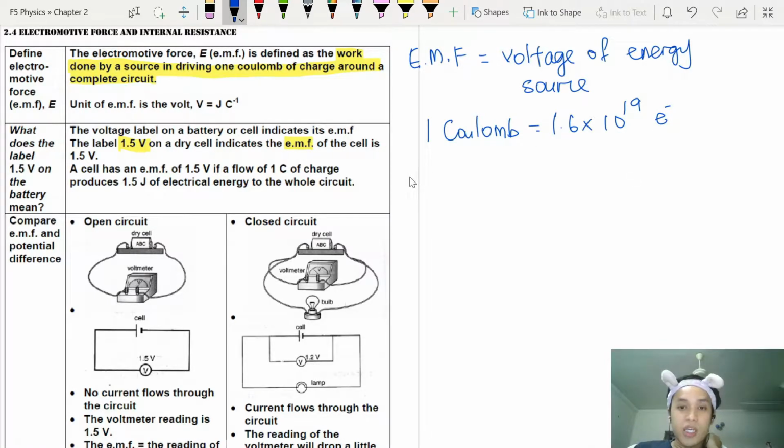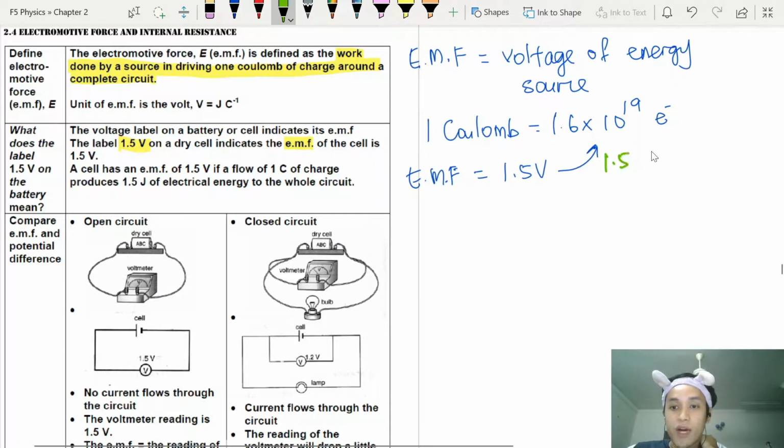So when we say your EMF is equal to 1.5 volts, it means that for all these electrons to move, I need to give them 1.5 joules of energy.